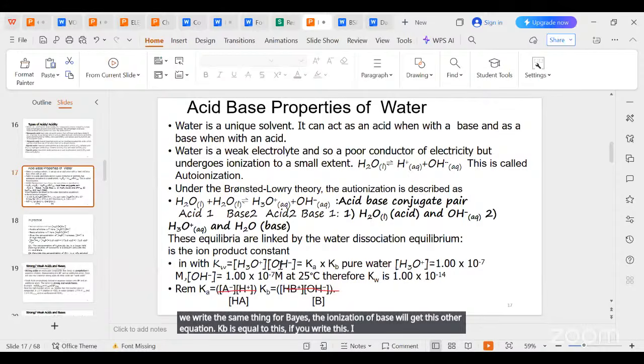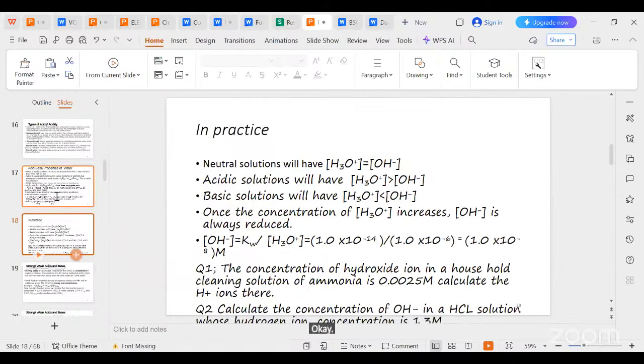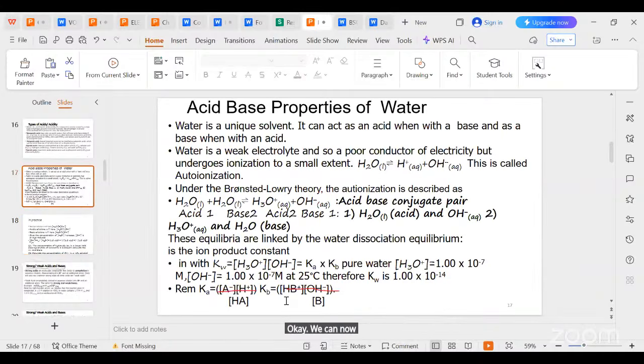I'm trying to prove this equation on top now. If you write this, you get this. If we multiply this times this and cancel out the concentrations that are constant, we will get this. I'm just trying to tell you that this is related to this, and that's why we got this.